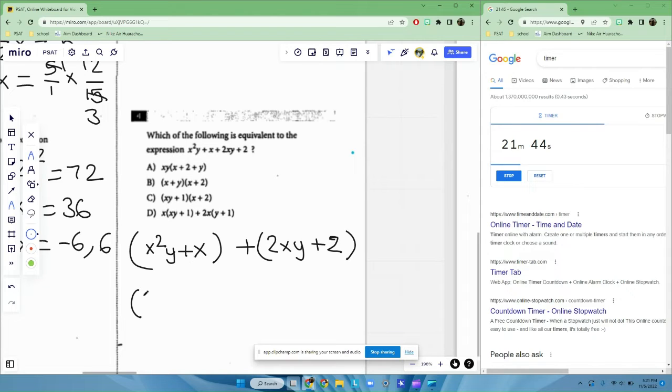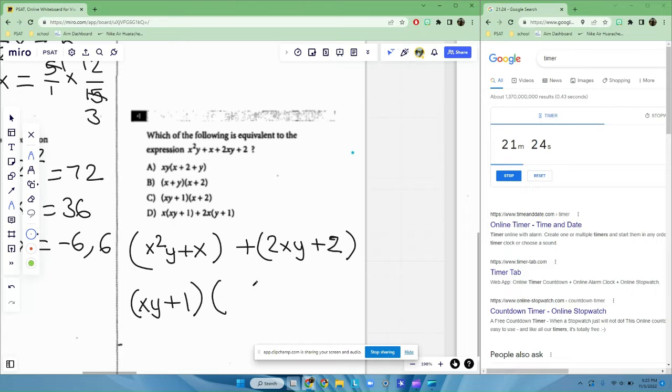So if you have x squared y plus x, we can make this into xy plus 1, because we also have this one, right? So we want to make sure, since there's another xy here, we can factor for xy. And since there's another x here too, we can make this a 1. So again, multiply.